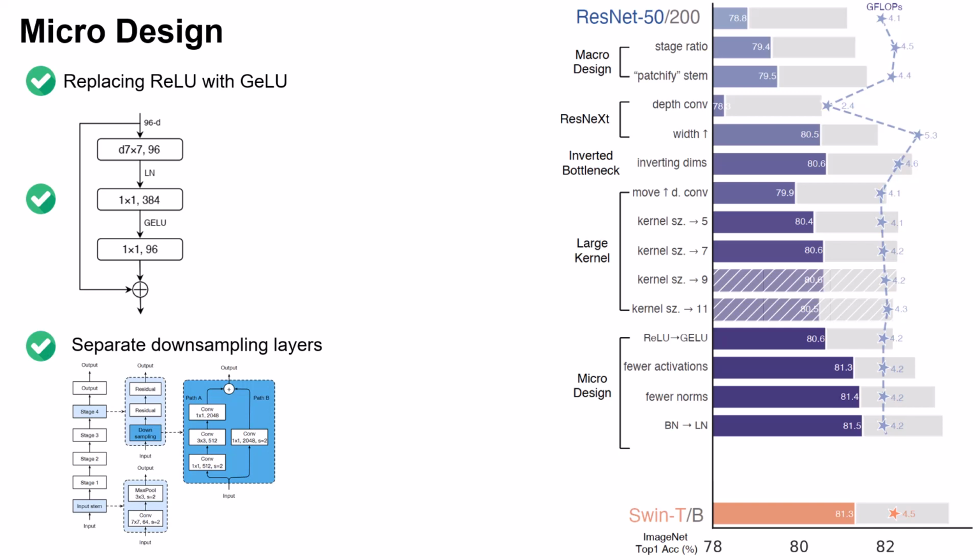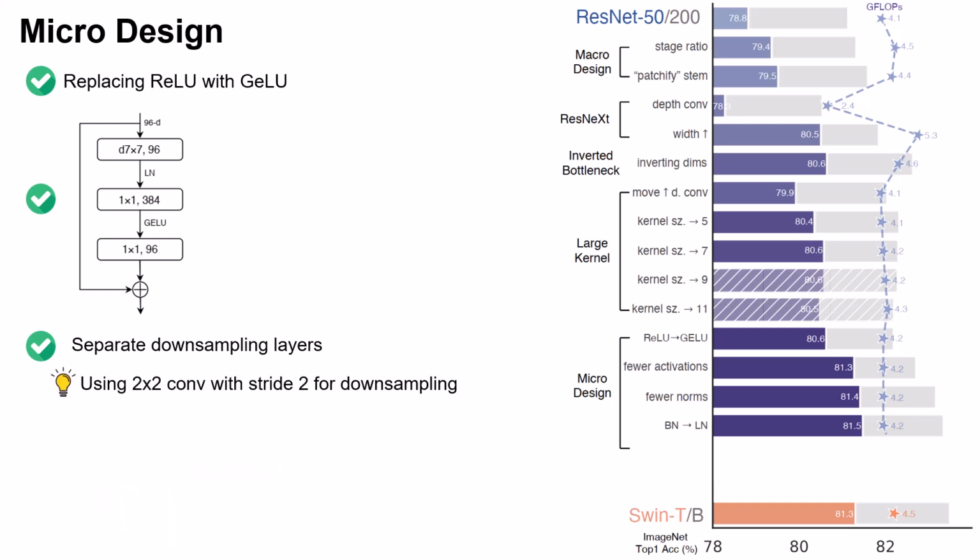And the final thing that they did is that they realized that, as you can see on the stage 4, there is a downsampling module at first, that in downsampling, we are using a 1 by 1 convolution with a stride of 2 to do this downsampling. And on the residual path, we also use a 1 by 1 convolution with stride of 2 to do this downsampling. But they realized that in Swin Transformers, we are using 2 by 2 convolution with a stride of 2 for downsampling. So they said, let's just replace that.